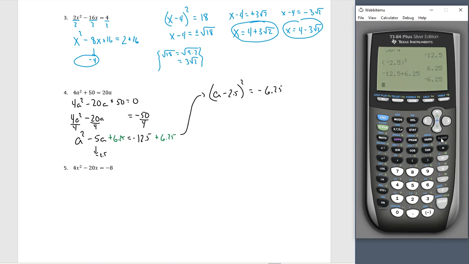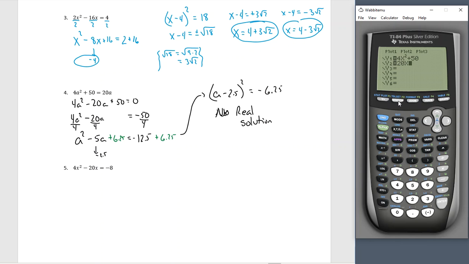Let's try something. Let's graph this. 4a squared plus 50, I'm going to call it x squared. 4x squared plus 50. There we go. It came back on its own. Weird. I'm going to graph the right-hand side, 20x, also, and what I'm looking for is where these two are the same.